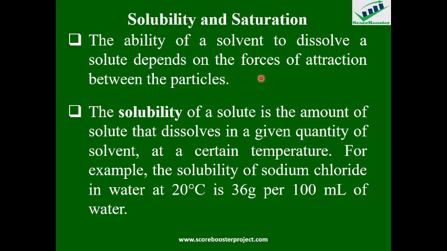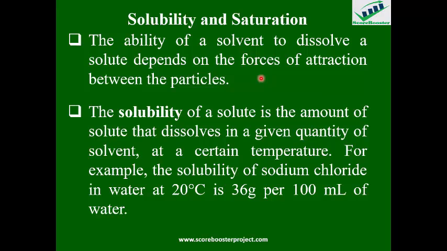So anytime we are quoting solubility data, we are going to be quoting them with number 1, a temperature reference, number 2, a particular solvent, because at a particular temperature we have a particular solubility for a particular solvent solute pair. So if temperature changes, for the same solvent solute pair, there is going to be a change in solubility value, because solubility is dependent on temperature and it is very, very important.